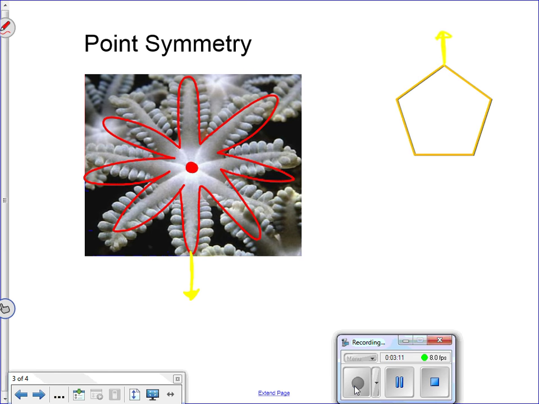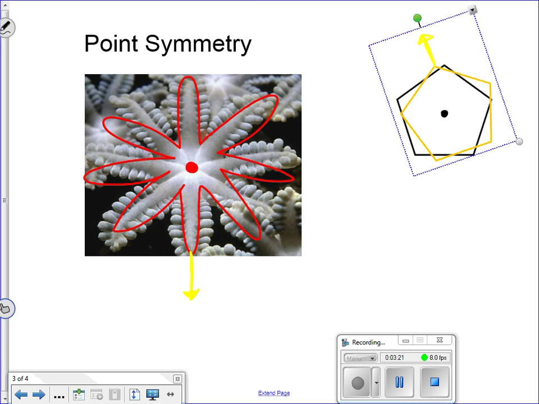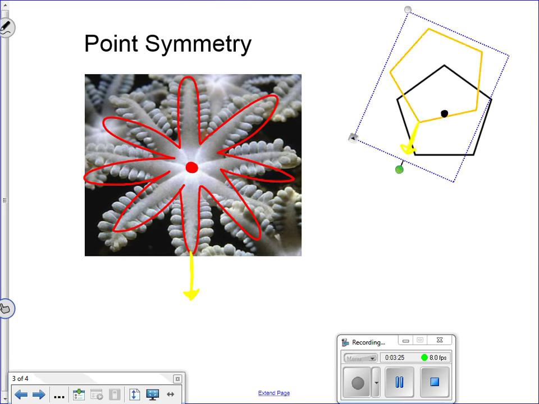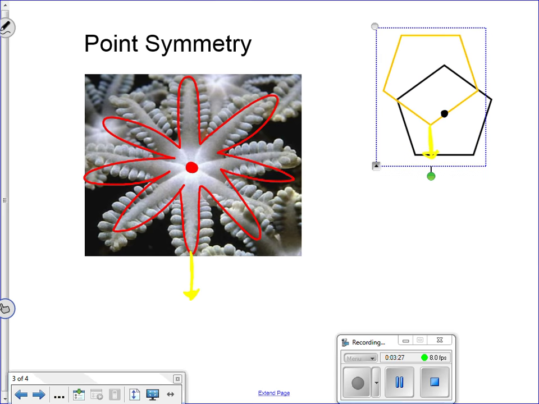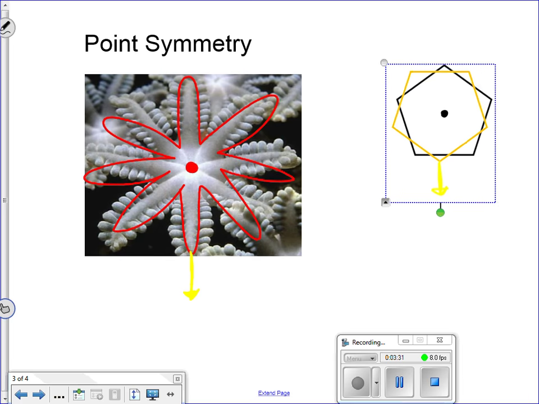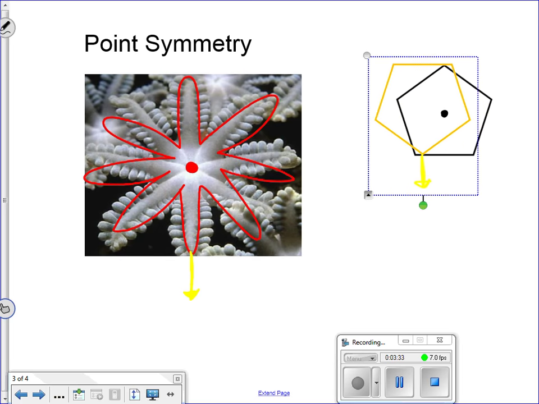Okay, so now when we look at this shape, we want to know, does it have point symmetry? So, it's going to rotate about some point in the center. Now again, my software is not going to let me do that, but I'll readjust it. Now, as I come around, I know already when I first looked at it, it was not going to work, because there's going to be no point down at the bottom, and it was just another straight side, right?